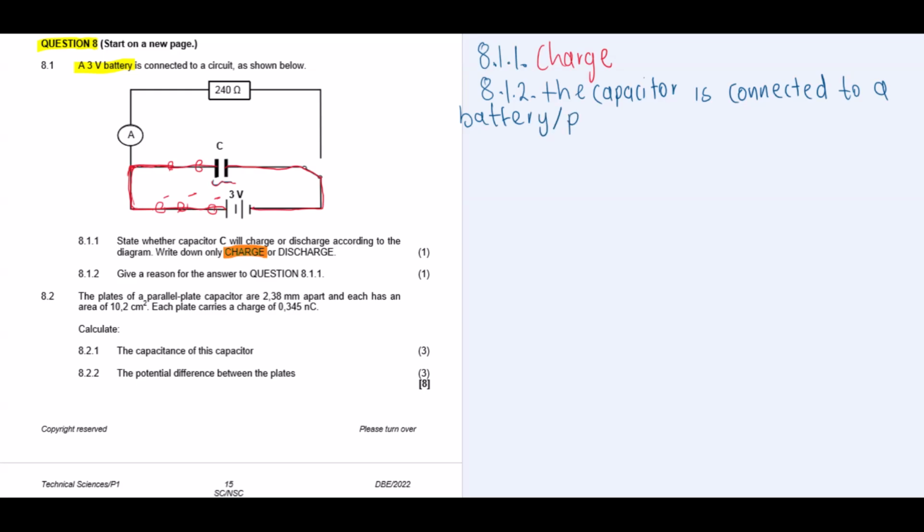Right, so because it's connected to a battery, or a power source, or a cell, it means that the capacitor will charge. Remember, the capacitor is a device that stores energy, that stores the charge, right? So it will store the charge, and it will charge since it is connected to the battery or the source.